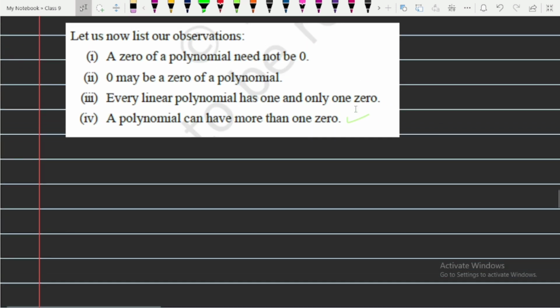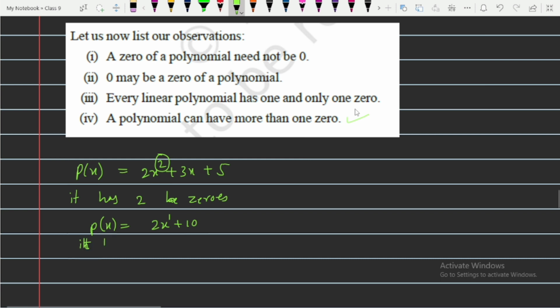For example, if I take p of x equal to 2x square plus 3x plus 5, what is the degree? Here the degree is 2, so it has 2 zeros. For the polynomial p of x equal to 2x plus 10, the degree is 1, so it has 1 zero.